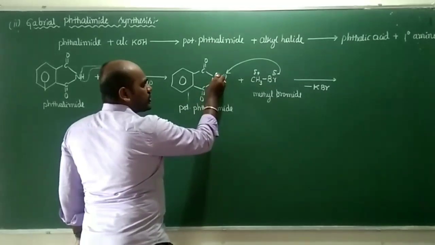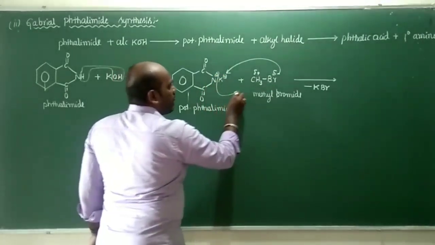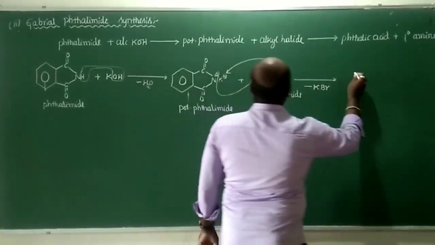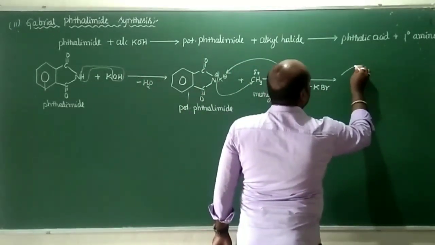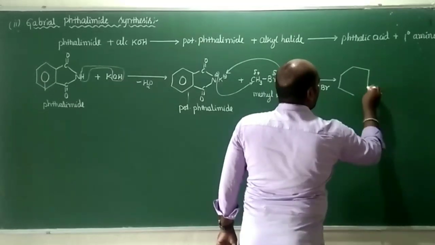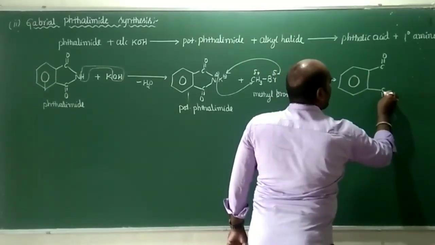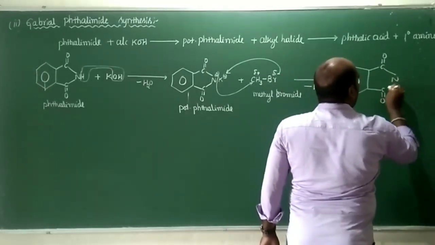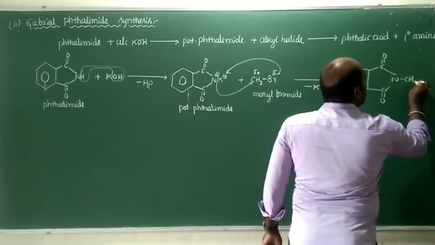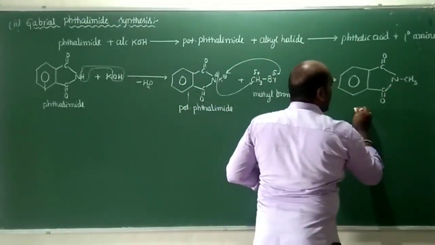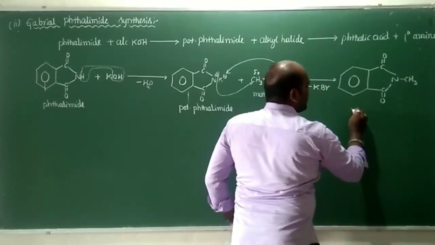And here the negative charge which is there on the nitrogen will be attacked towards the carbon atom of the methyl group. So we will be getting the alkyl substituted phthalimide, and here in this case the methyl substituted phthalimide.